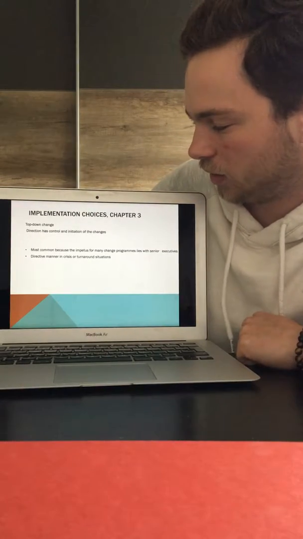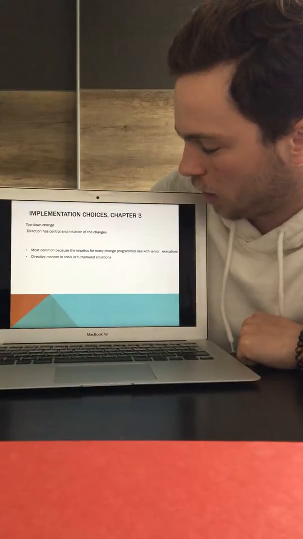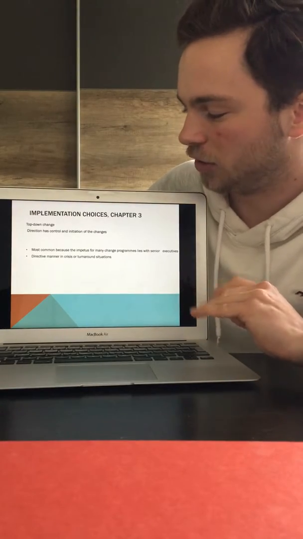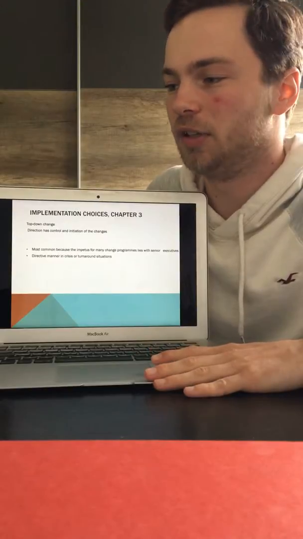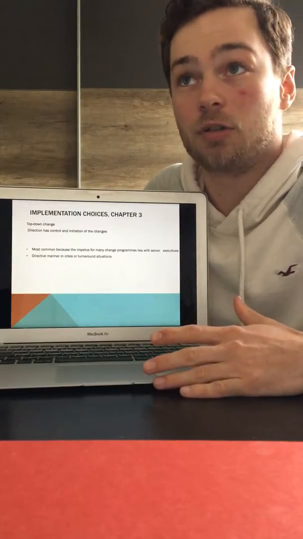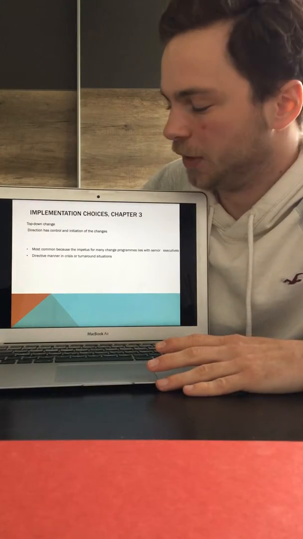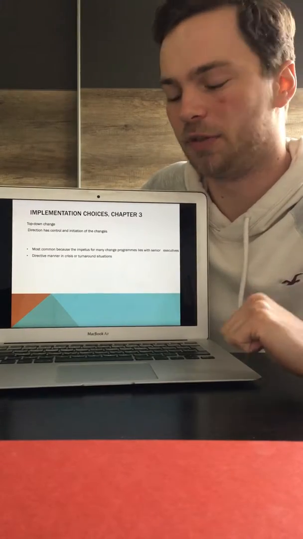And it's a directive manner in crisis or turnaround situations. So you have top-down change, which can be in a directive way, and directive manner means that it's very hierarchical, which means that they just force it upon the employees with a strong hand.